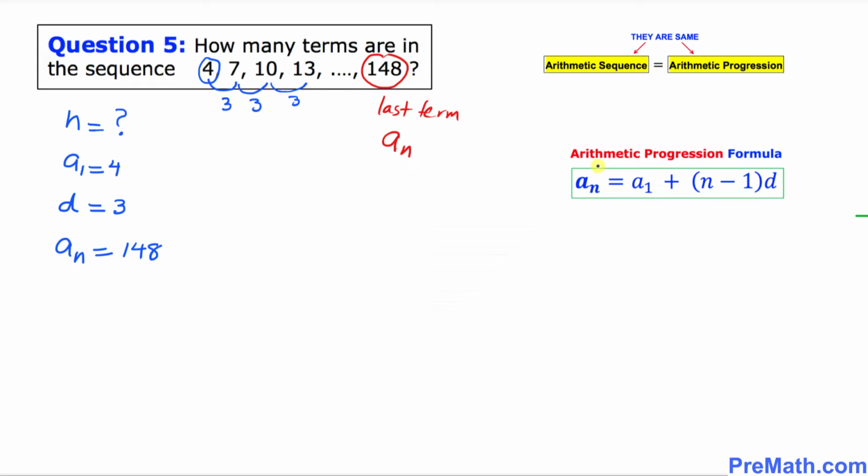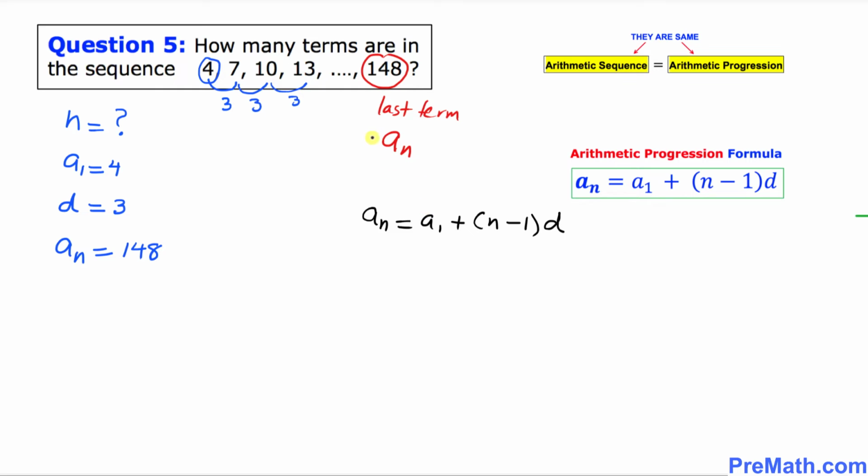And once again, this is our arithmetic sequence formula. I'm going to write it down over here. a of n equals a of 1 plus n minus 1 times d.